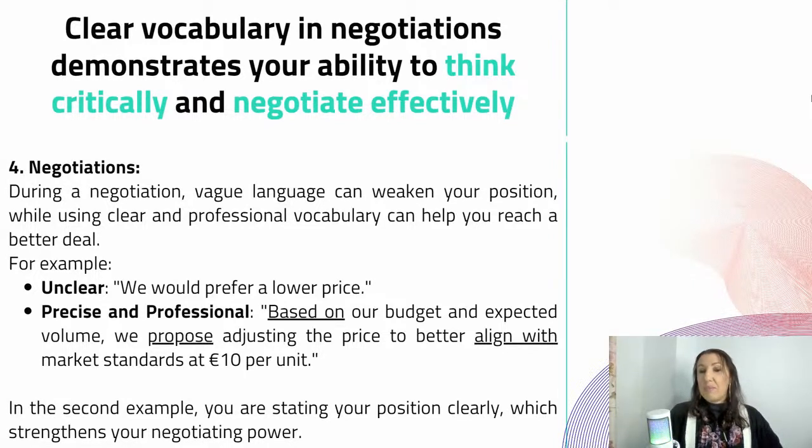You're going to say, based on our budget and expected volume, we propose adjusting the price to better align with market standards at this number per unit. So you can say 10 euros. So you can be specific, like $12.50. So you can be super specific here because you are negotiating.